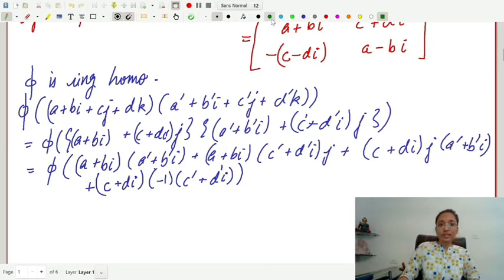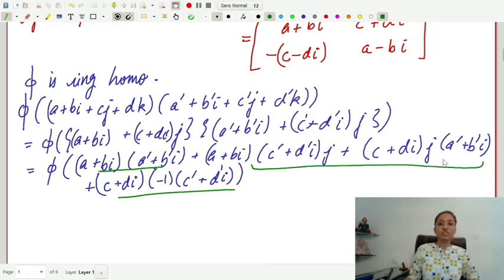Now in this case we will consider this and this as x and this whole with j outside, not including j, as y.